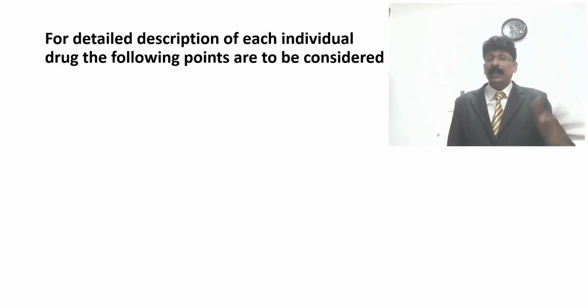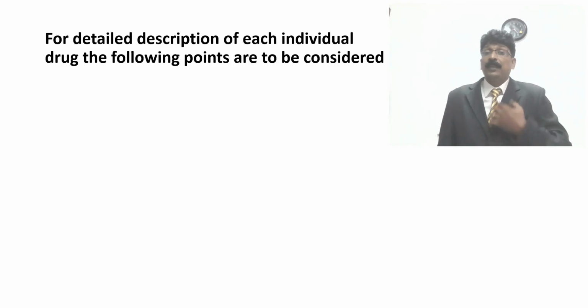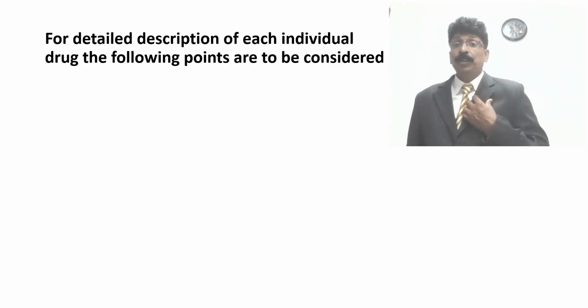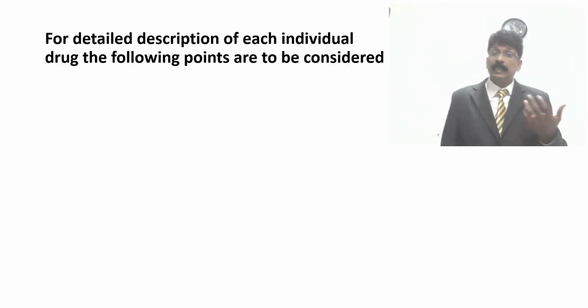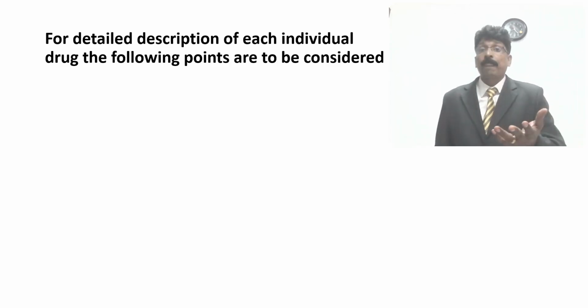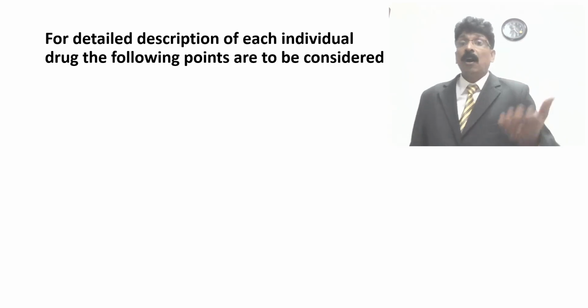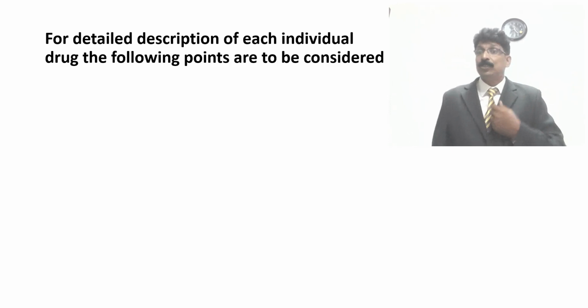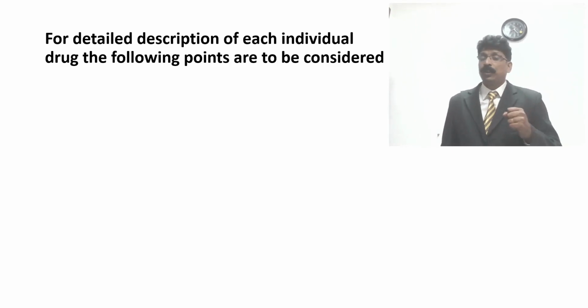There are many types of classification. Drugs can be classified in many ways, according to their use, application and structure. Then there is morphological classification, and in this specifically there is a difference, organized and unorganized. This is a major classification which you have to remember.